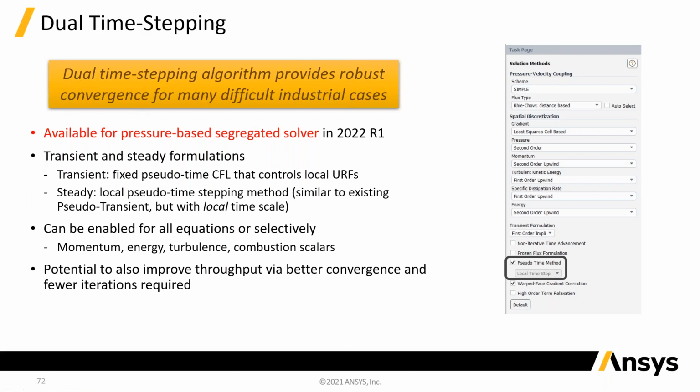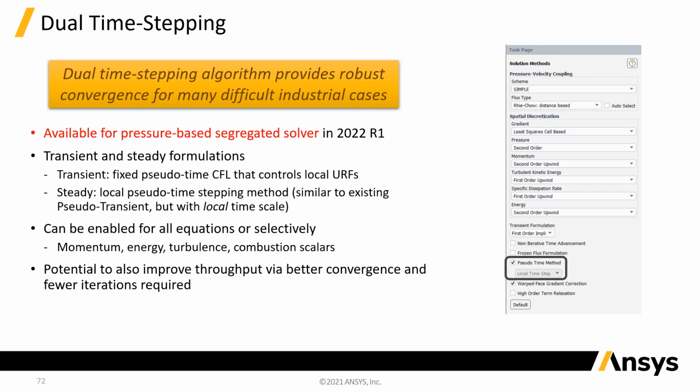So we all know about, when we use the coupled solver, the concept of having a pseudo time step. It's been part of coupled solver technology forever since it was done. You can now start using this technology with the pressure-based solvers when you've got something like SIMPLE active.